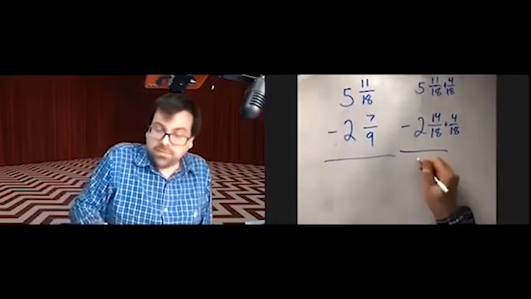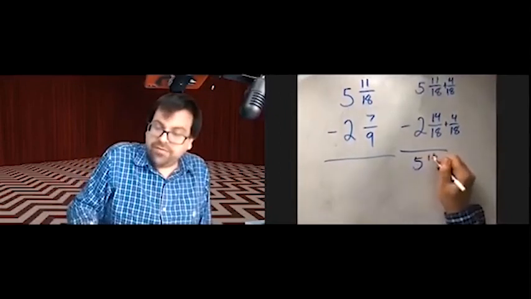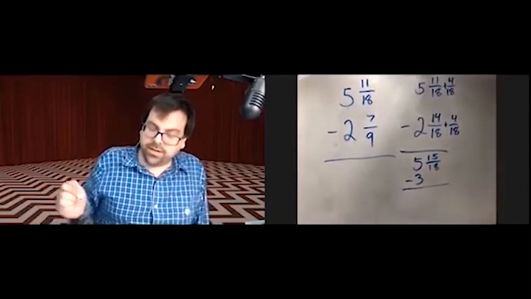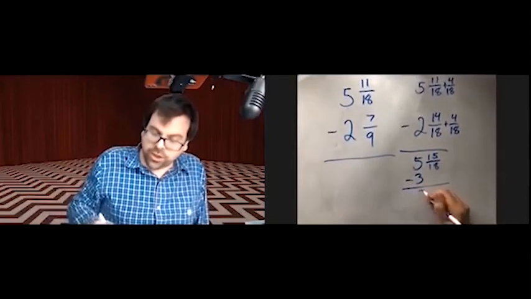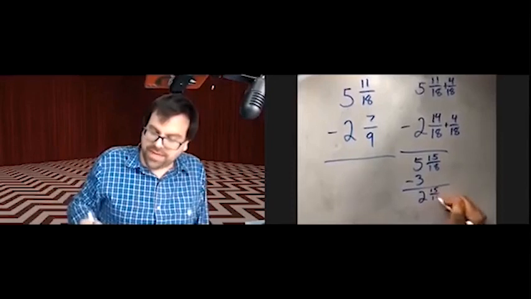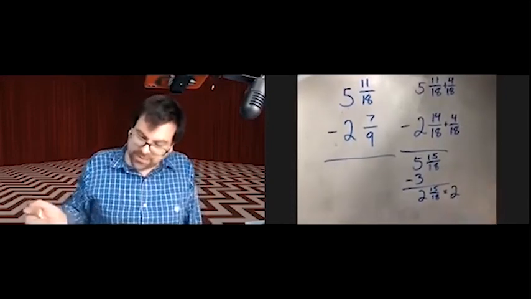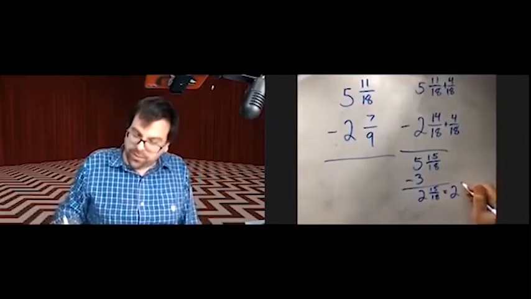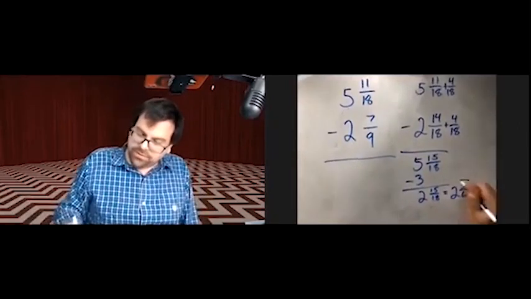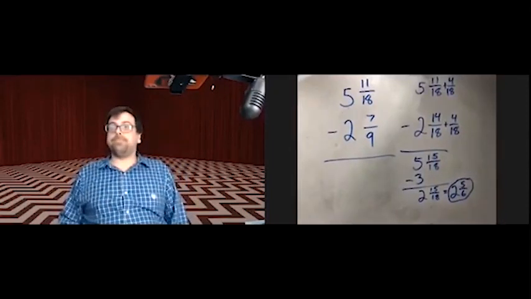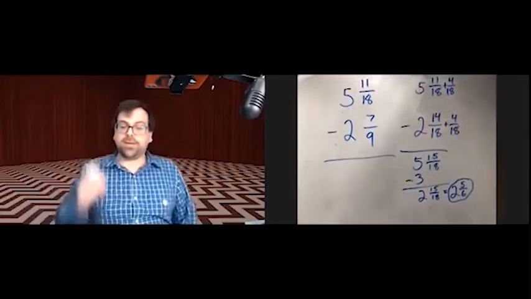That turns this problem into 5 and 15/18 minus 3, which would be 2 and 15/18. And we reduce 15/18. Divide them both by 3, 2 and 5/6. So that's our adding up to get a whole number trick.